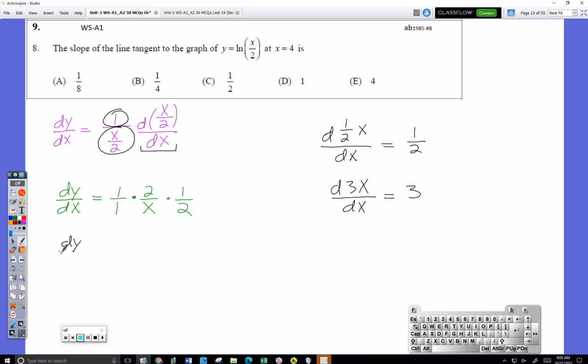So you have in front of you here 3 factors. Therefore, you are allowed to combine the factors any way you choose. I can see that 2 over x multiplied by 1 over 2 is simply going to be 1 over x. So on your test, this would be the answer. On this test, they would then replace the x with a 4, making B the correct answer.